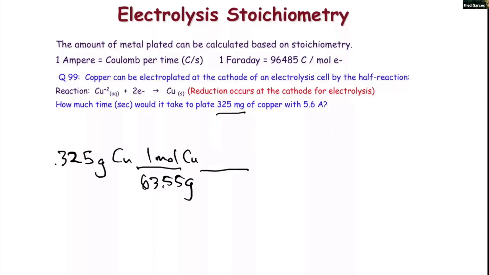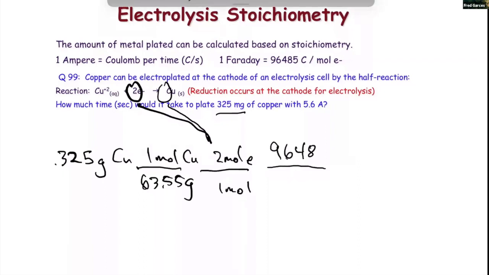From this reaction, I can say that 1 mole of copper is equal to 2 moles of electrons. See this right here? That's where I got that ratio. That's why you need to make sure that your equation is balanced. Now that I have my moles of electrons, I can use Faraday's constant, 96,485 coulombs per 1 mole of electrons.